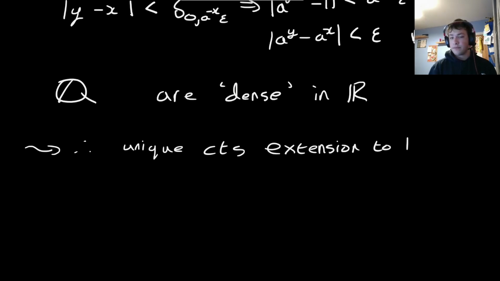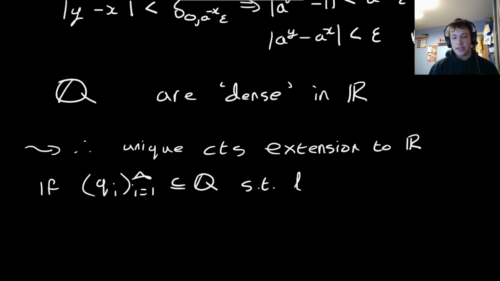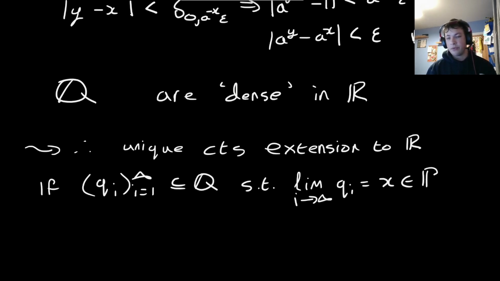Okay, where if we take q_i, some sequence, i goes from 1 to infinity, a subsequence of Q such that the limit, as i goes to infinity, of q_i is equal to some x in the real numbers.